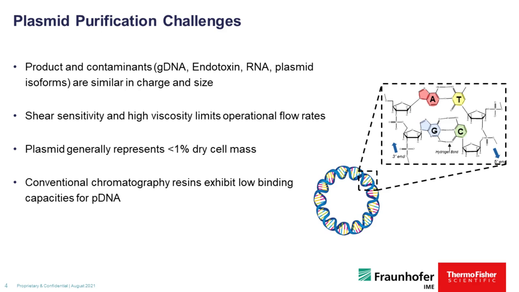Additionally, plasmids only represent less than 1% of the dry cell mass, and because of this, it's difficult to have these high binding capacities that we're used to in other traditional processes, and so there are typically low binding capacities observed for plasmid DNA with conventional chromatography resins.